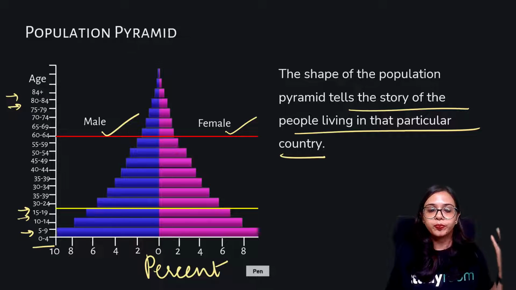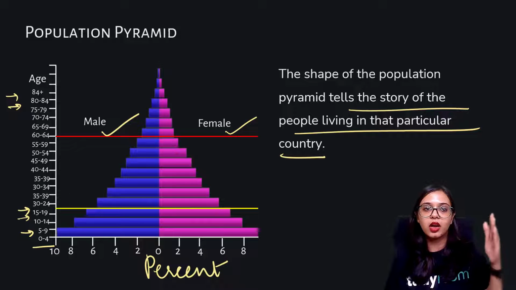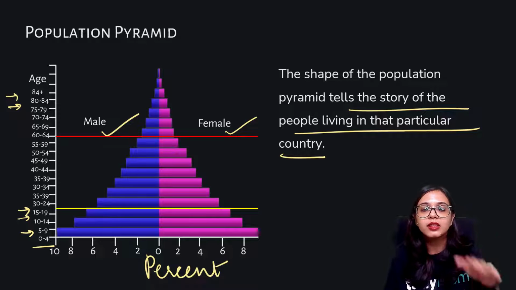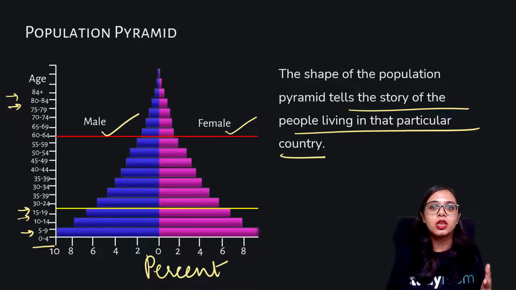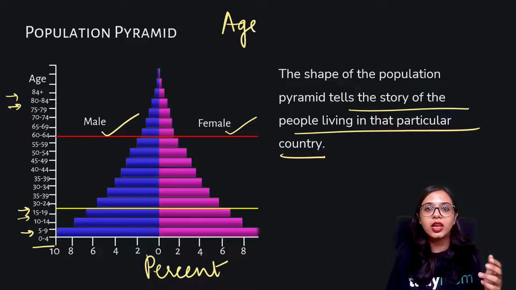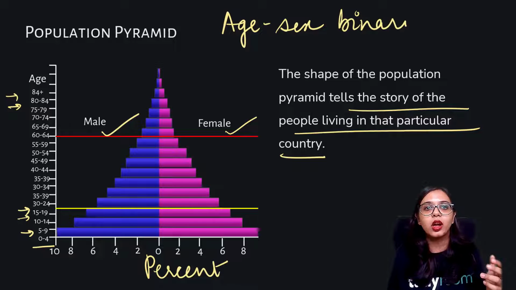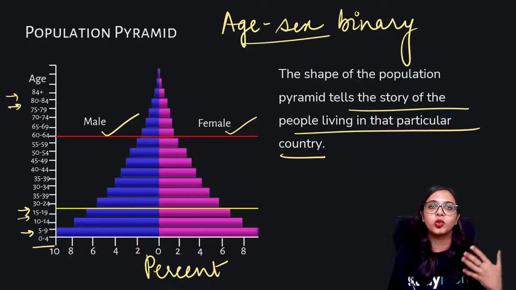Different age groups are represented across the different percentages of population, male and female. So the age and sex binary is taken into account when we are talking about a population pyramid.